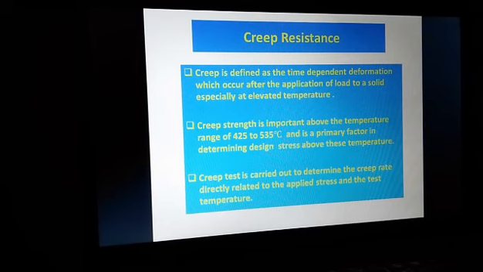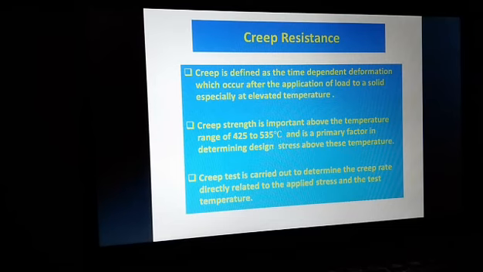Creep resistance. Creep is defined as the time-dependent deformation which occurs after the application of load to a solid, especially at elevated temperature.